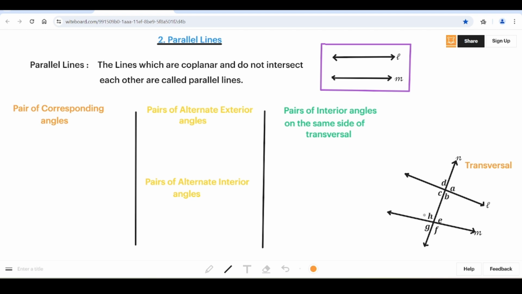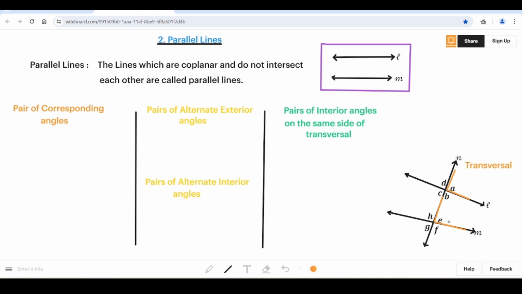Okay, so now when the line intersects the lines, you can see I have marked angle A and angle E. This pair of angles is called corresponding angles.